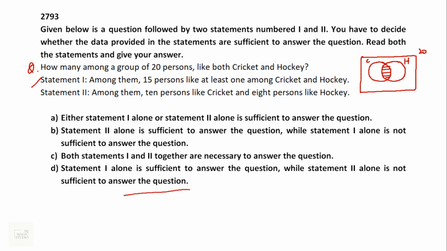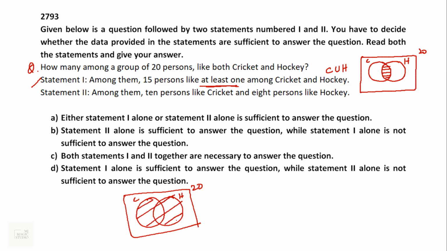Let's see what statement 1 says. This is what we actually have. Statement 1 says, among them 15 like at least one among cricket and hockey. At least one means C union H. At least one means this total section is 15.